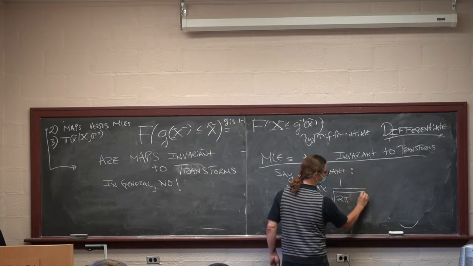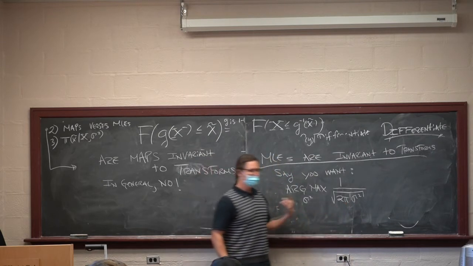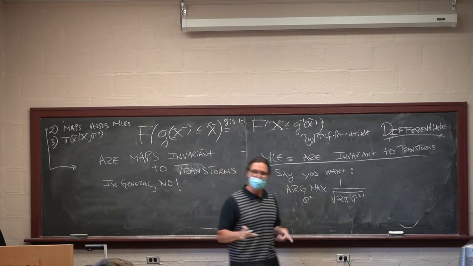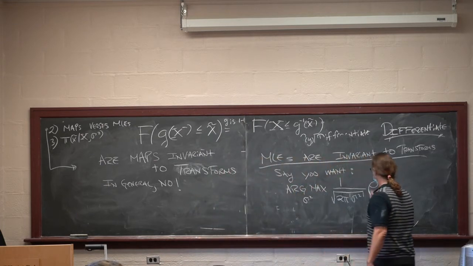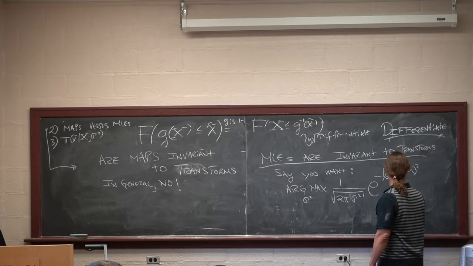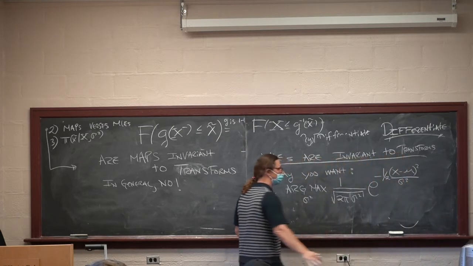I'll put my sigma squared inside of here so that I'm always looking at sigma squared. When I'm playing around with the same variable, I like to write it the same way all the way through. This will look like e to the minus 1/2 (x minus mu) squared over sigma squared. So let's say I'm trying to maximize this thing.